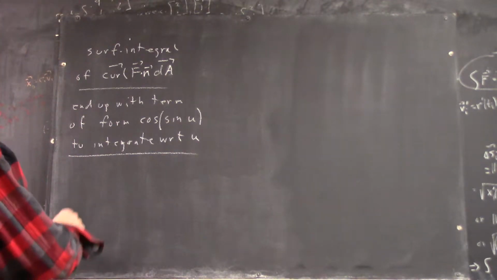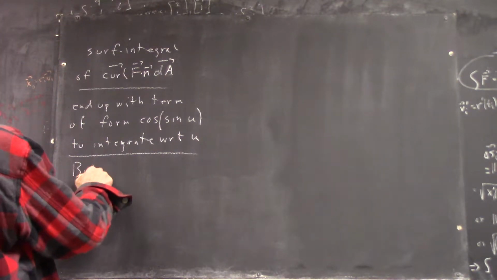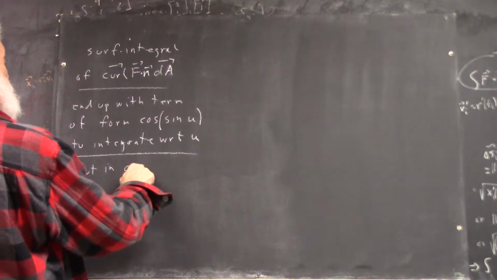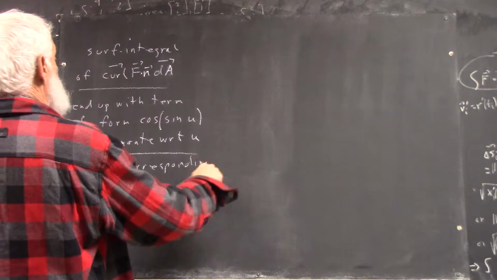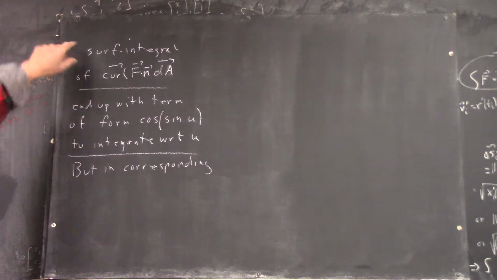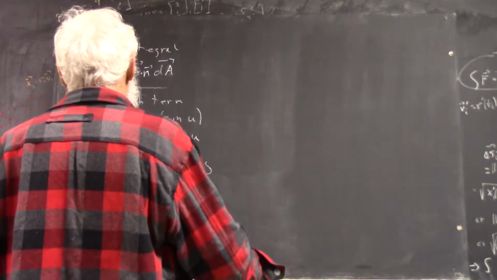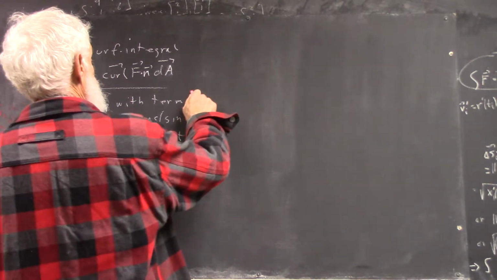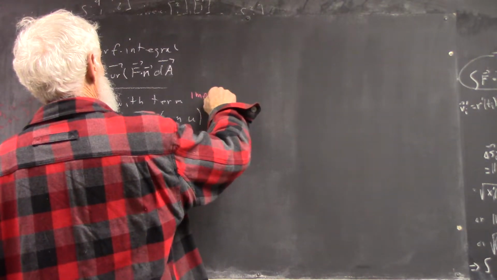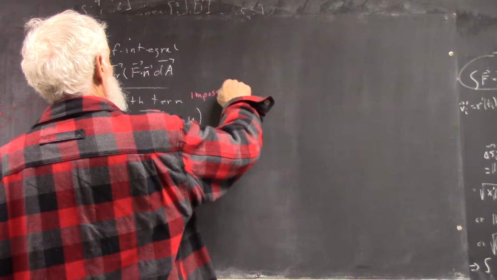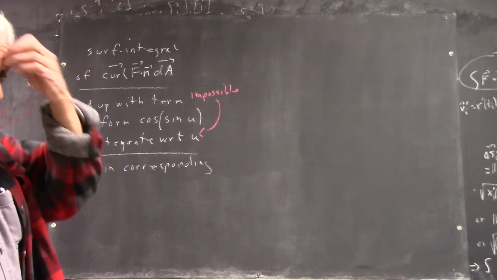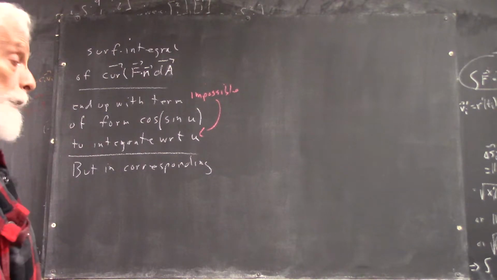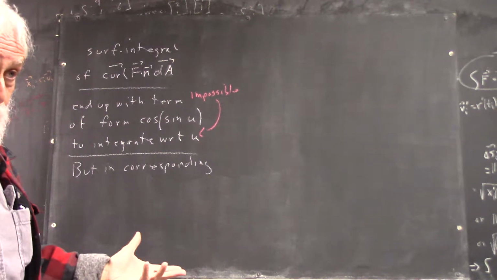But in the corresponding integral, you can't do it, which means you cannot perform the surface integral. Okay, so this is impossible to integrate by any standard integration technique, and probably by any technique other than Stokes' theorem.